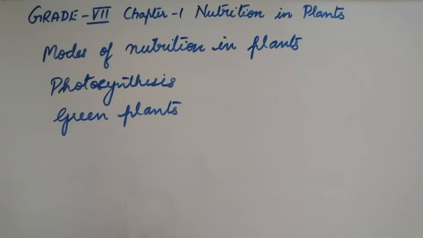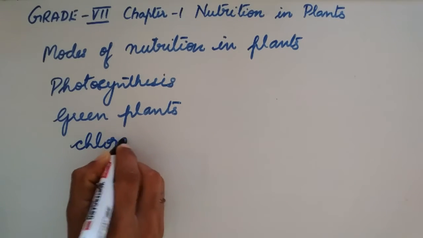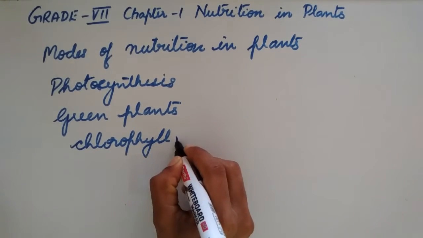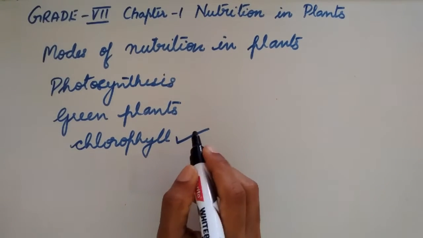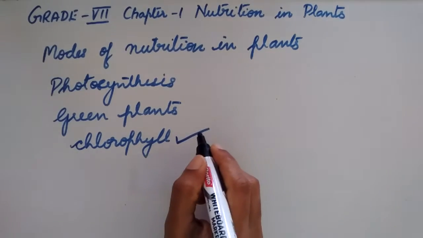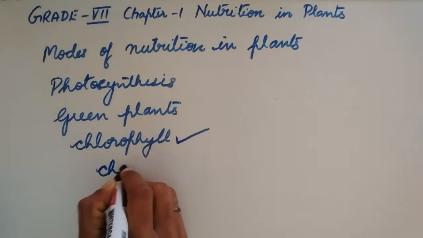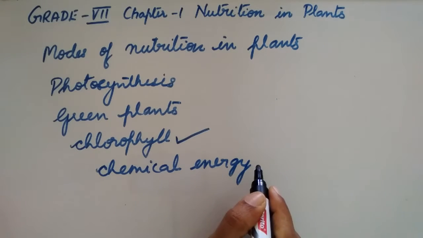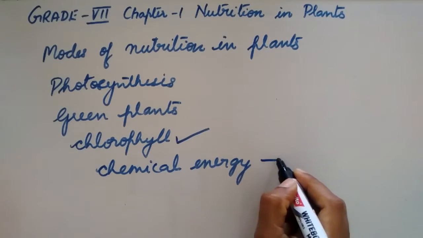Green plants is the term used for the plants that contain a green pigment called chlorophyll. This pigment, the chlorophyll, will trap the solar energy, that is the sun's rays. The trapped sun's rays is converted into chemical energy, and this chemical energy is stored in the plant as food.